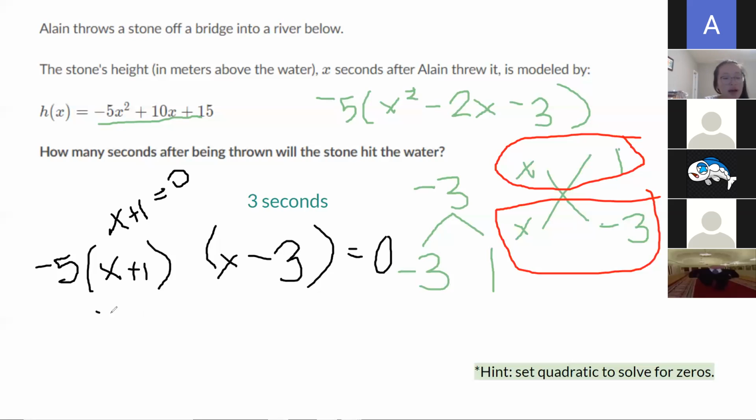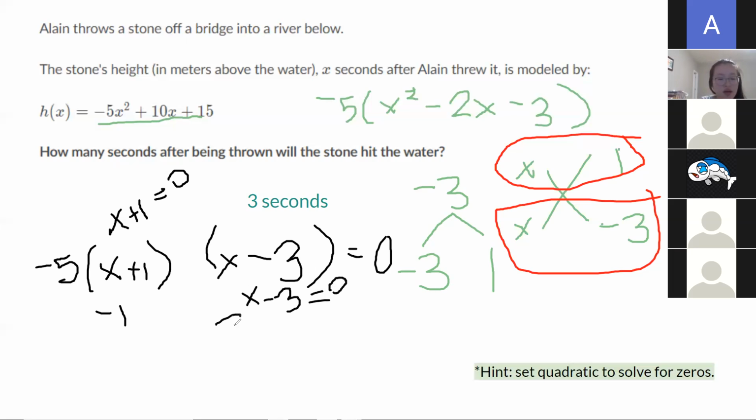Good, yeah. If x minus 3 equals 0, what would be x? 3. Yeah. Good job, guys. So the two numbers we got for our solutions are negative 1 and 3.